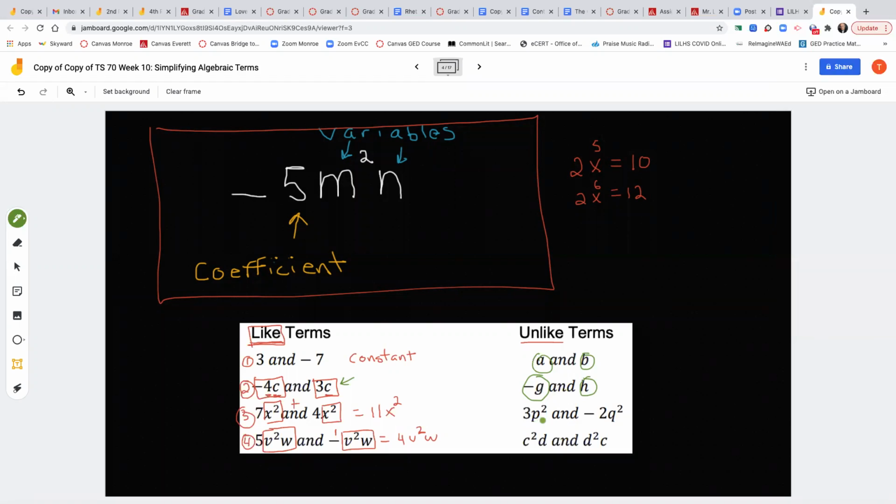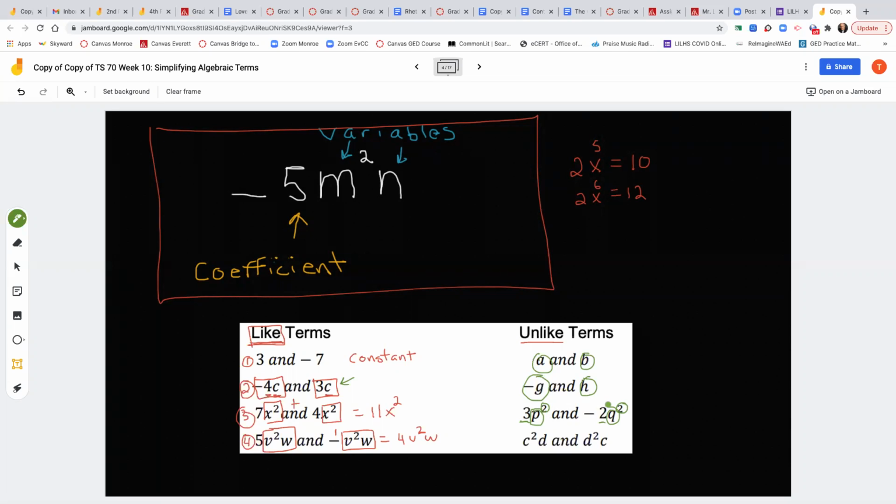Likewise, 3p squared and negative 2q squared. What's different? Well, they both have constants. 3 is a constant, 2 is a constant, and they both are squared. But the variable is different. This p is different than q. They're not like terms.